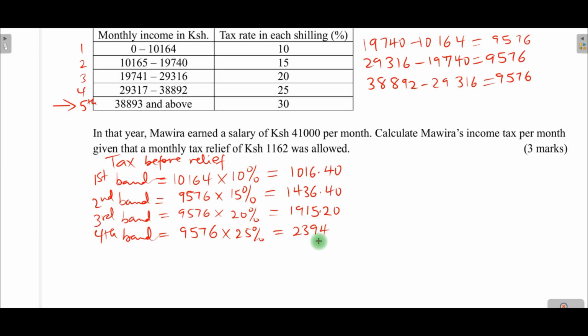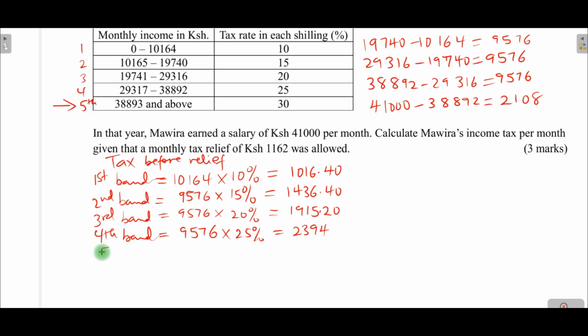For the last band, since Mawira's salary is up to 41,000 shillings, the remaining part will be 41,000 shillings minus 38,892, and therefore we get 2108.